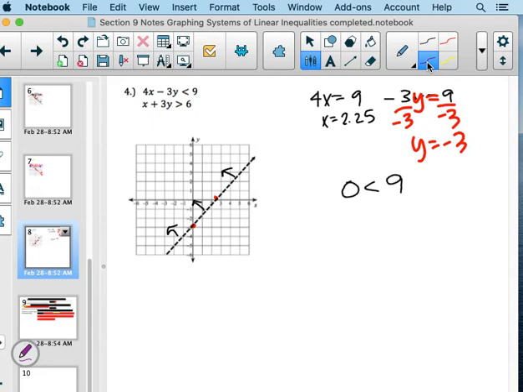My intercepts, I would have x equals 6 and 3y equals 6. There's a 1 out front, so my x-intercept is just 6, where my y-intercept dividing is going to be 2. So going over to 6 on the x-axis, positive 2 on the y-axis. Dashed line again. I'm going to just dash this one in purple.